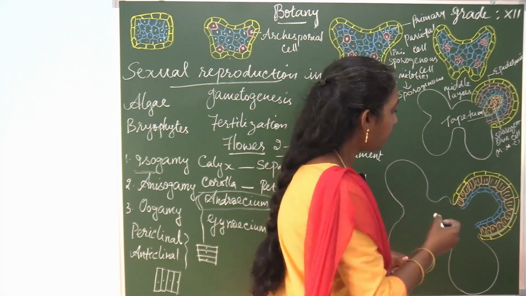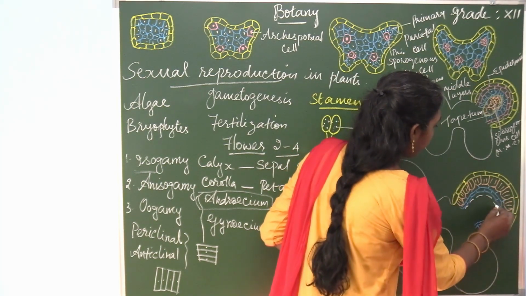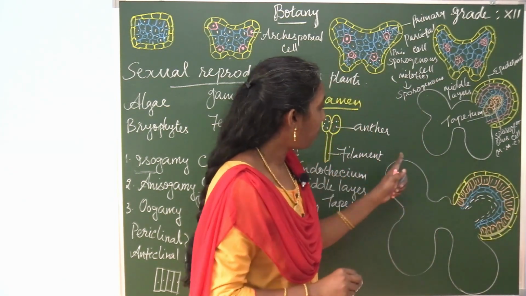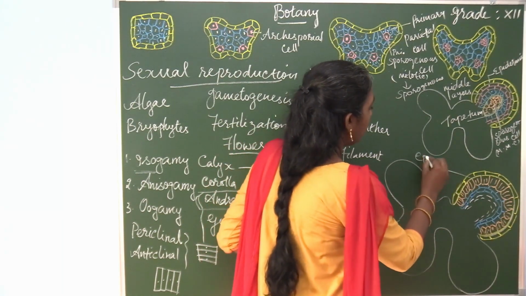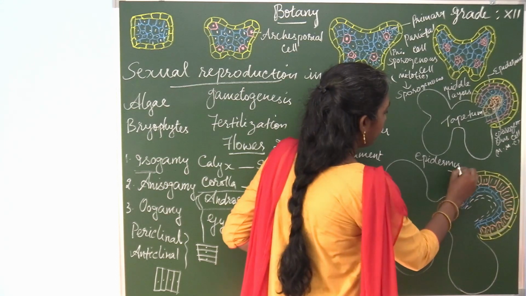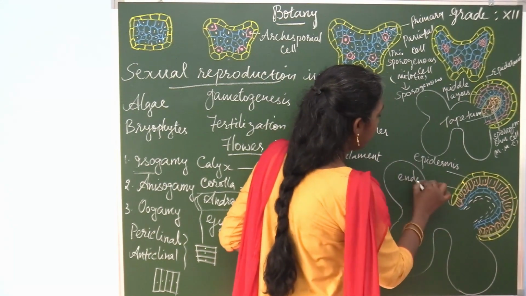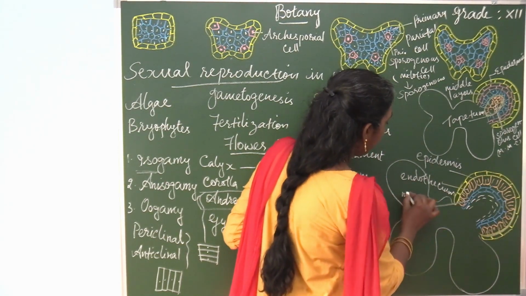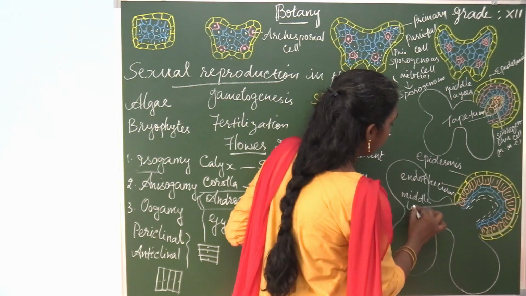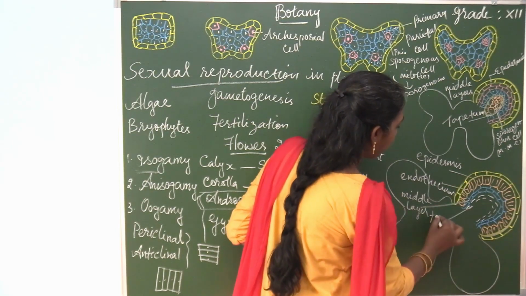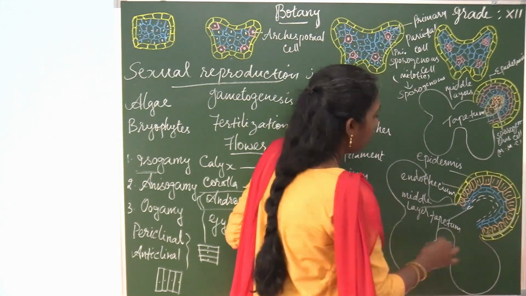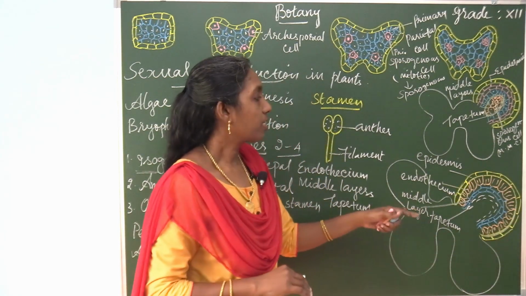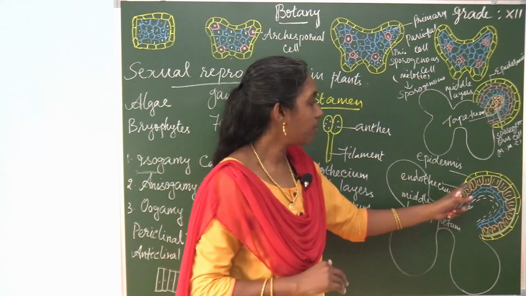And inner to the middle layer there is the tapetum. These are the wall layers. In the mature anther you may see these wall layers in detail. Next class, you are going to study the detailed structure of the mature anther.